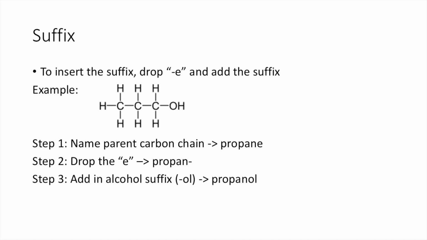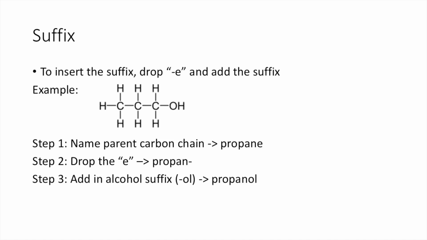The suffix comes after the stem and refers to the functional groups found in an organic compound. Here is an example of how we can insert the suffix by dropping the letter E at the end and adding the suffix corresponding to the functional group. Taking a look at this compound, we notice that the parent carbon chain consists of 3 carbon atoms, and hence we name it propane based on the names that we saw on the earlier slide just now.